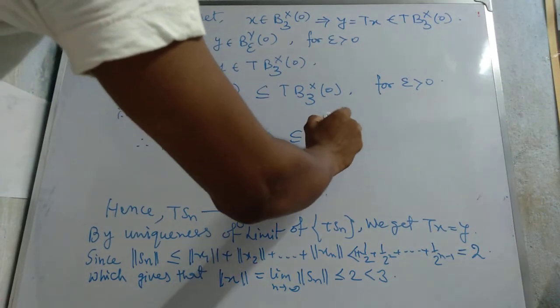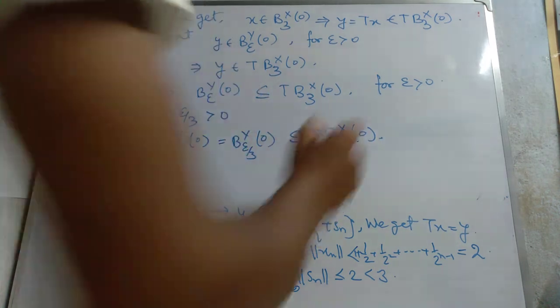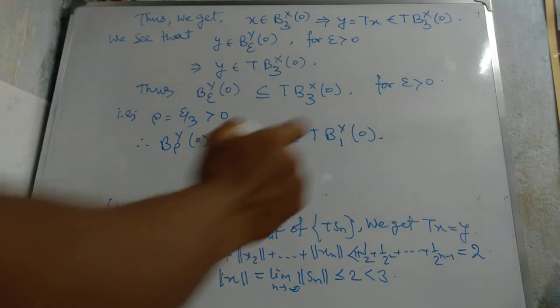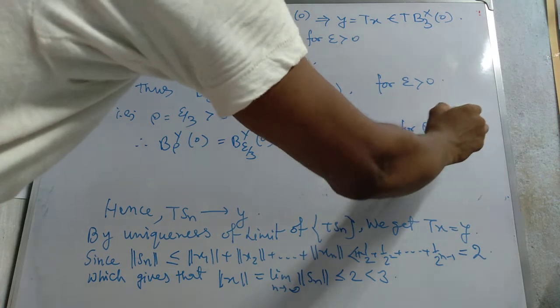That is, taking rho equal to epsilon/3 greater than 0, then B_rho(y0), which equals B_epsilon/3(y0), is a subset of T(B_1(x0)) for rho greater than 0.